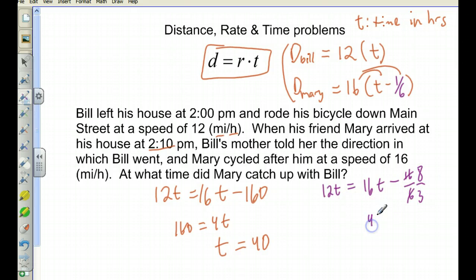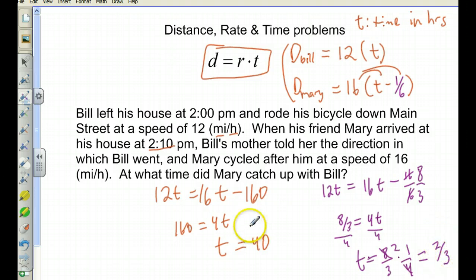And then solve, you get 4t equals positive 8/3. Divide by 4, divide by 4. You get t equals 8/3 times 1/4, which those cancel, and you get 2/3. So we do get the same answer pretty much. It's just written in a little different form. This is 2/3 of an hour. This is 40 minutes.